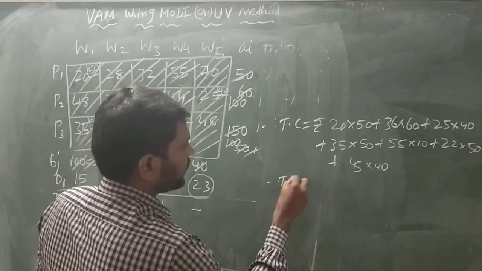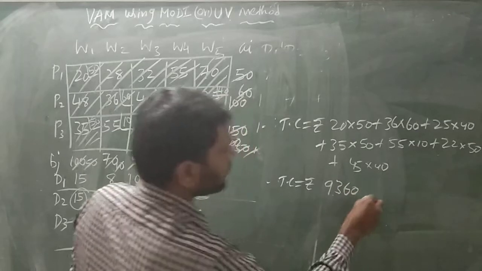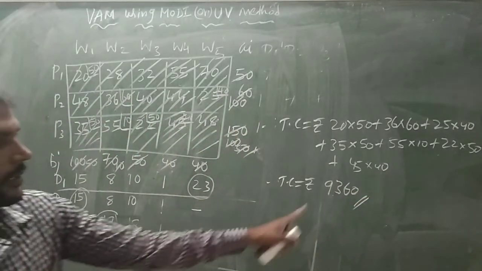Therefore transportation cost equal to rupees 9,360. Transportation cost rupees 9,360.